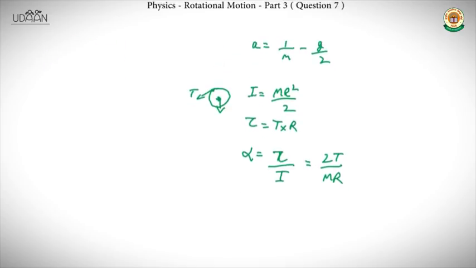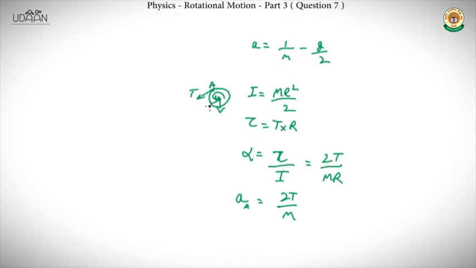This is the angular acceleration alpha, and the distance of this point is R. So the acceleration of this point, let us say a, will be equal to 2T by m. Now what we need to concentrate on is, since the force is in this direction, the torque will be in this direction.